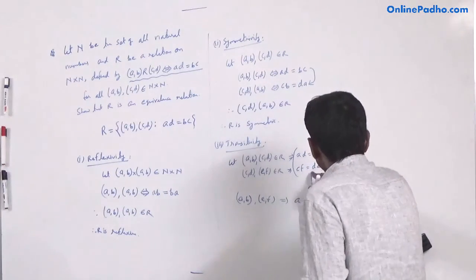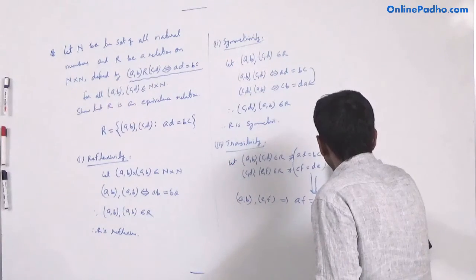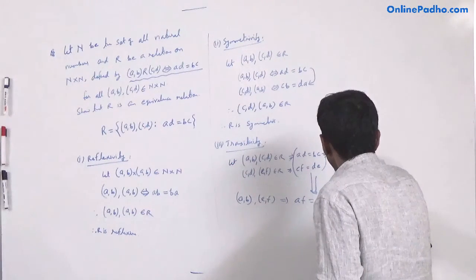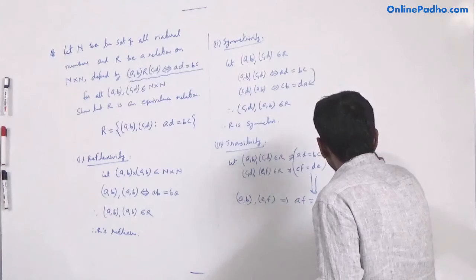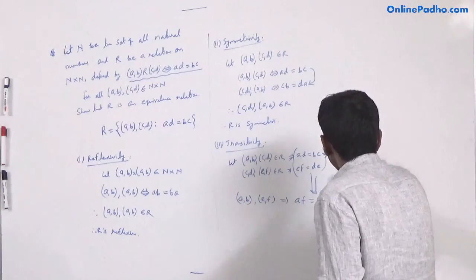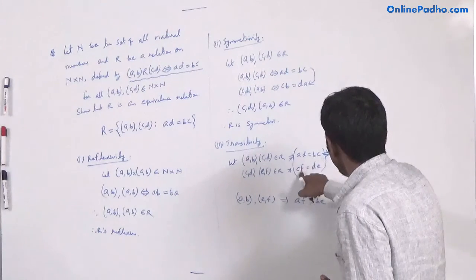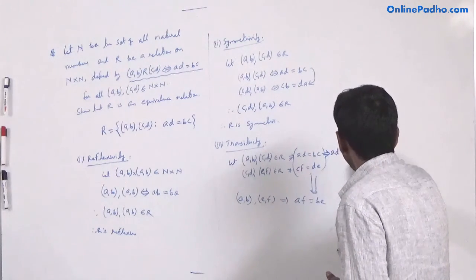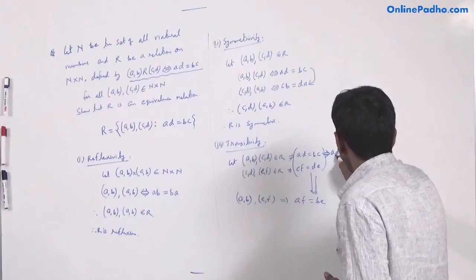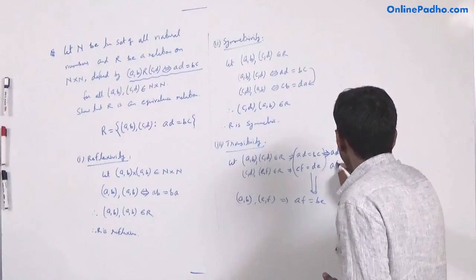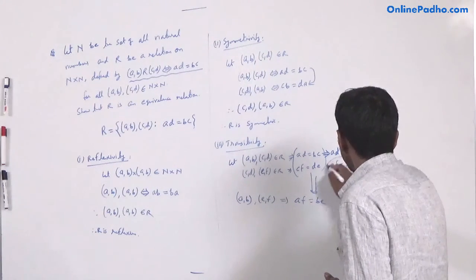By substituting this, we can write AD is equal to B multiplied by DE by F. From the second equation, in the place of C, we write DE by F. Now simplify it. If we cancel D with D and cross multiply, you will get AF equal to BE.